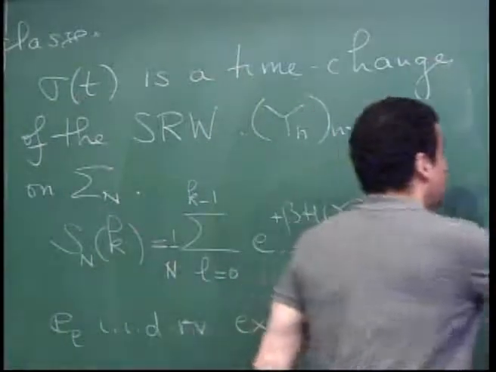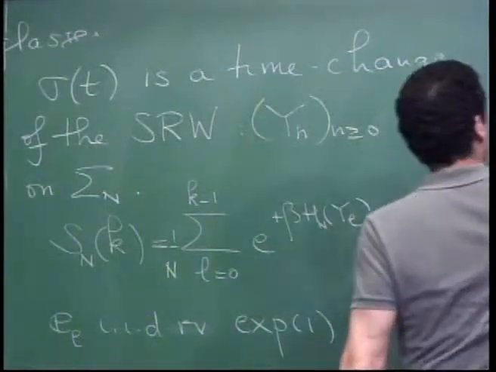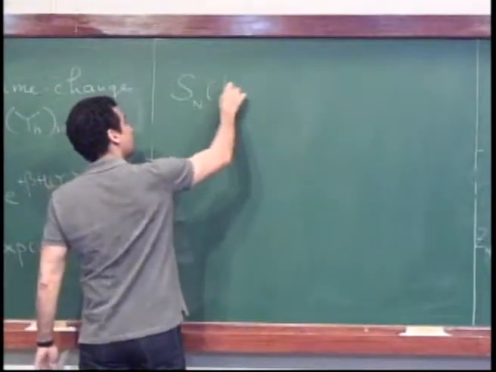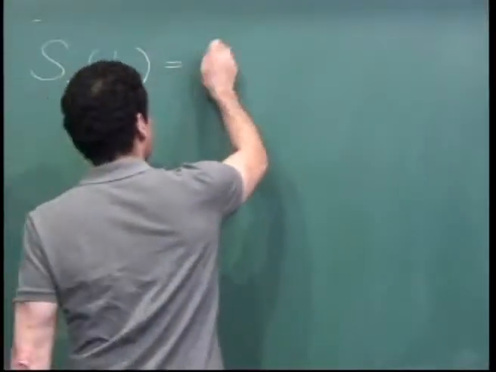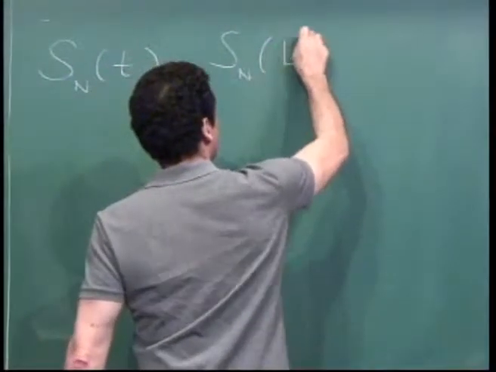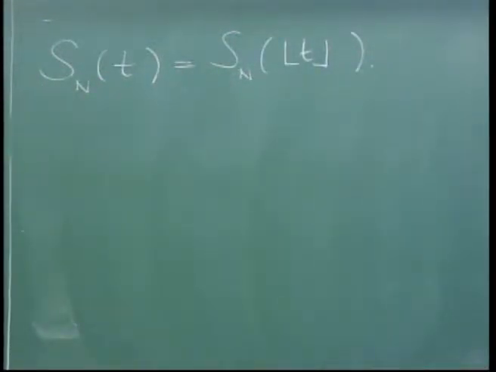And then of course I can do like Alex explained, I can define this, interpolate in time, and define for any t, I can look at this as being Sn of the integer part of t. I will just define this.